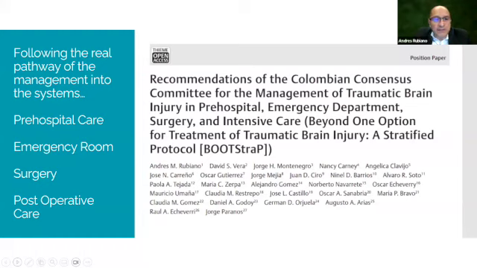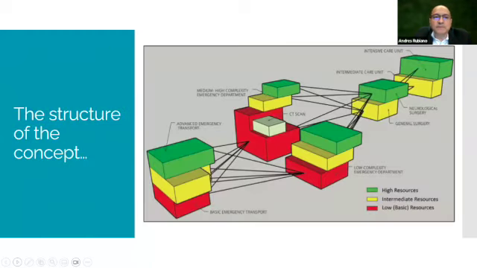We selected people who practice in very different environments: pre-hospital care in very low-resource environments, medium-resource environments, and environments that have all the resources, and also different levels of training: very basic training and advanced training, with the same structure for the other areas like emergency room, surgery, and postoperative care. And we brought all these people together to, based on their expertise, start building recommendations that can be applicable in all these different types of settings.